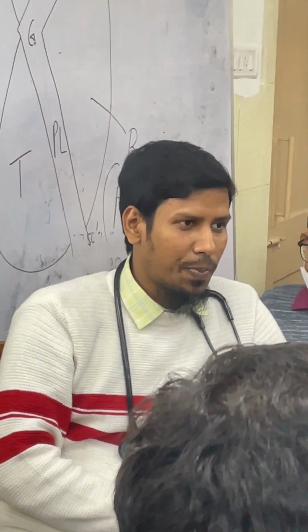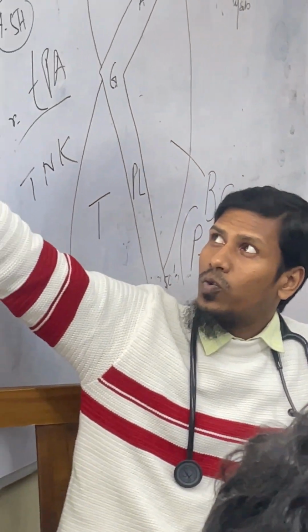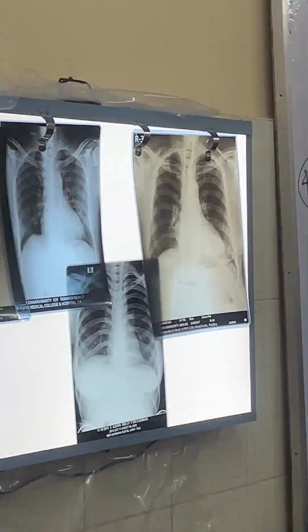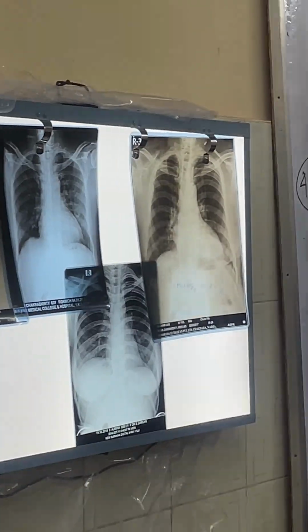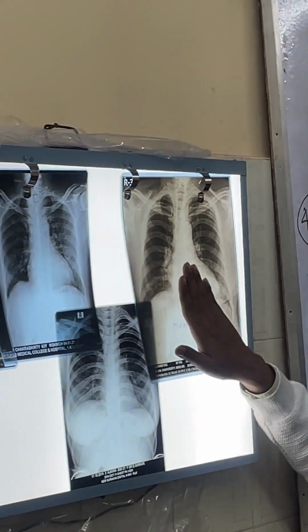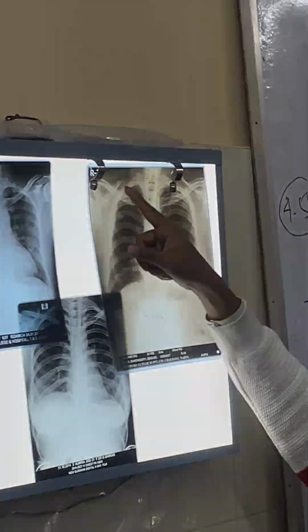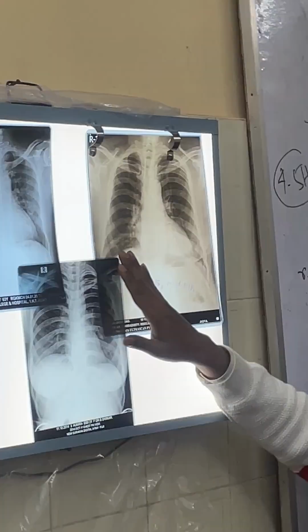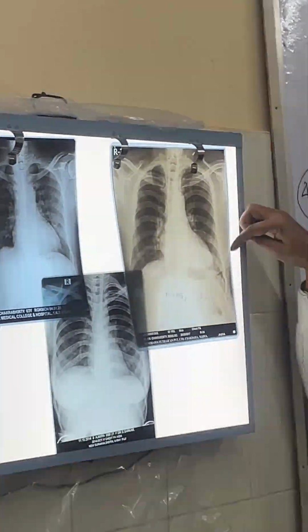So the usual view is the postero-anterior view. Whether this view is the antero-posterior view or the postero-anterior view, just look at this. This is the heart contour and this entire field, okay, you are getting clear. And this side also you are getting clear.